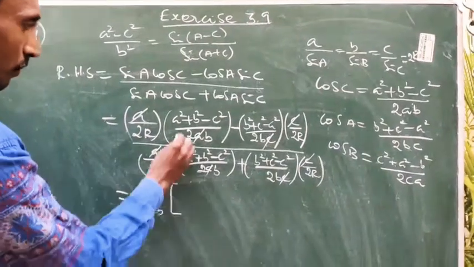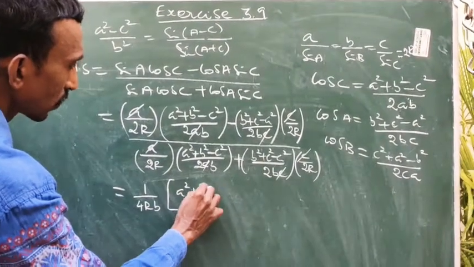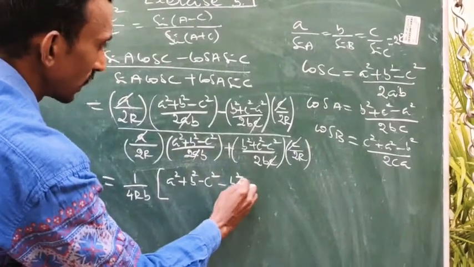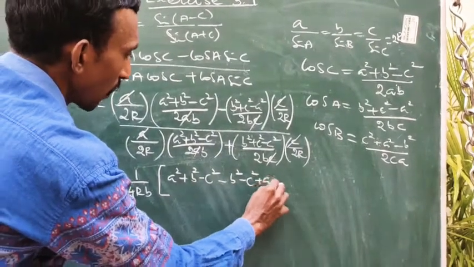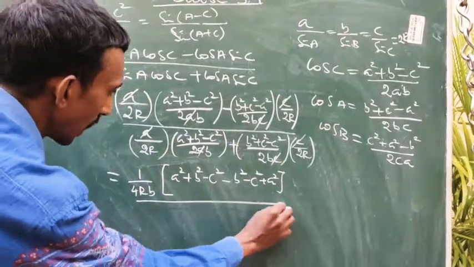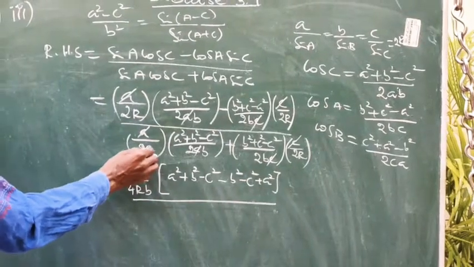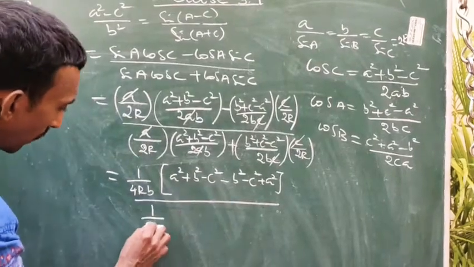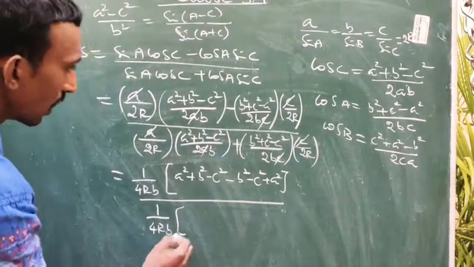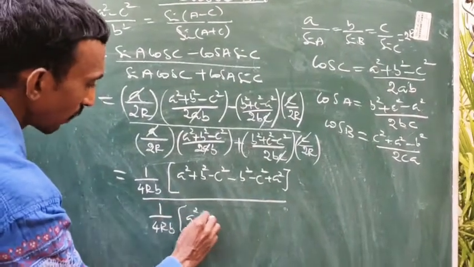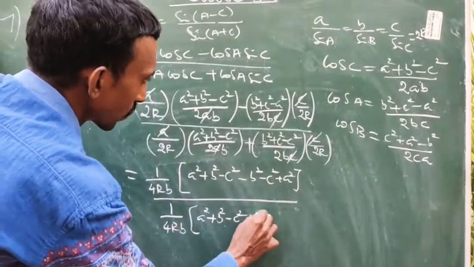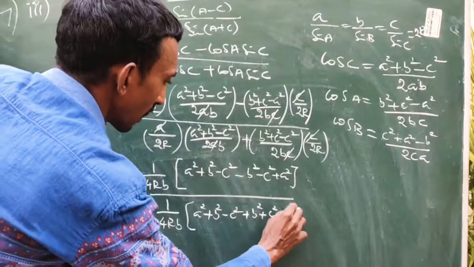Remaining a square plus b square minus c square multiplied by the negative minus b square minus c square plus a square. Similarly, look at the denominator. So 4r into 2 into 2, 4, rb common. So 1 by 4 times r into b. So similarly, a square plus b square minus c square plus b square plus c square minus a square.